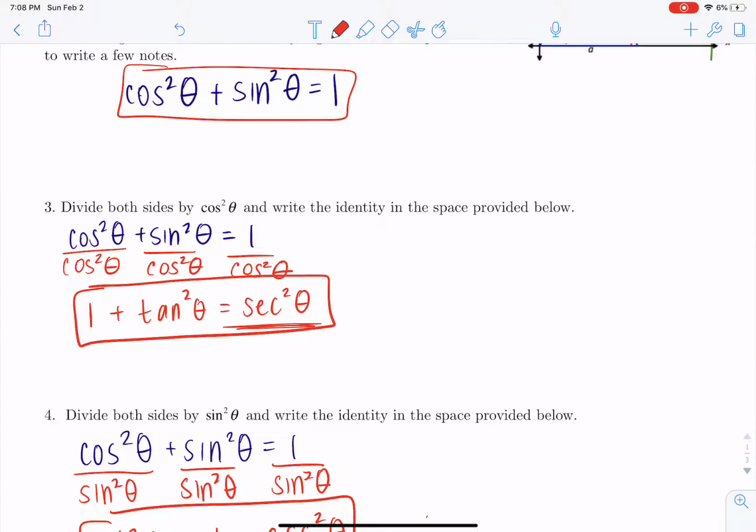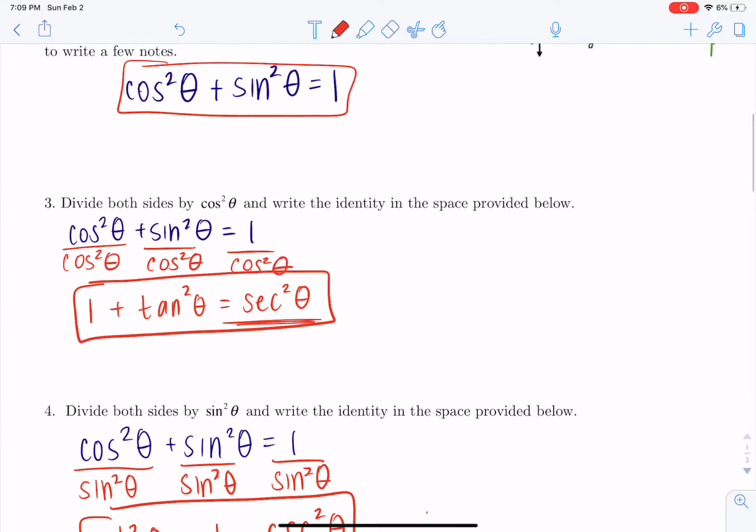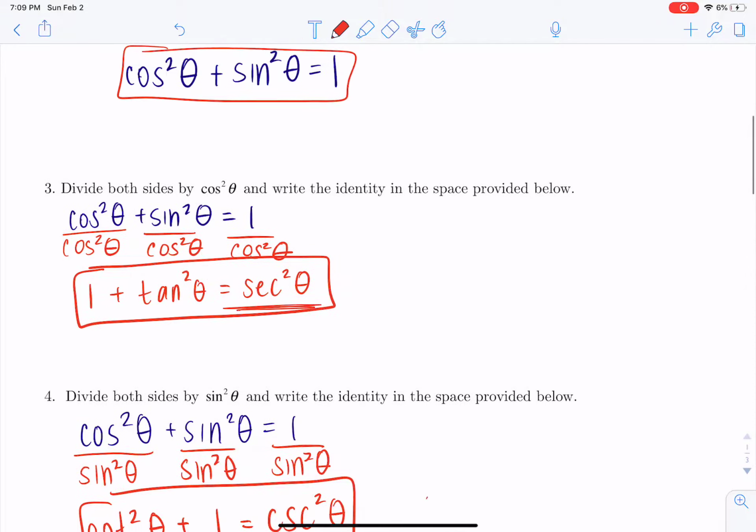So again, coming back and looking at these is very helpful to simplify the problems that are below.